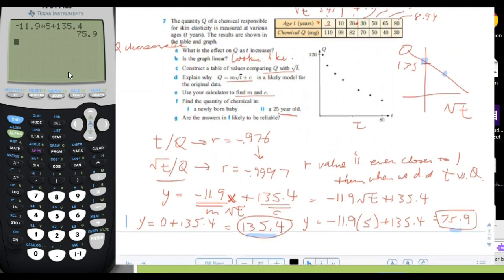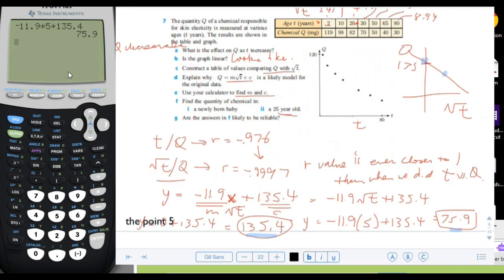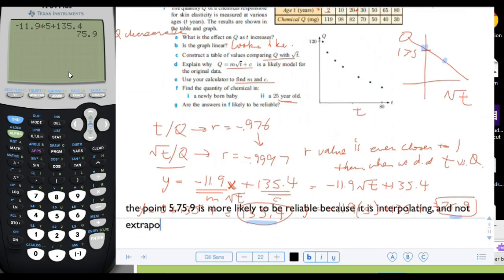which of those, if either one, is going to be accurate? We would probably say that the point 5, 75.9 is more likely to be reliable because it is interpolating and not extrapolating. 0, 135.4 is extrapolating, so it might be less reliable.